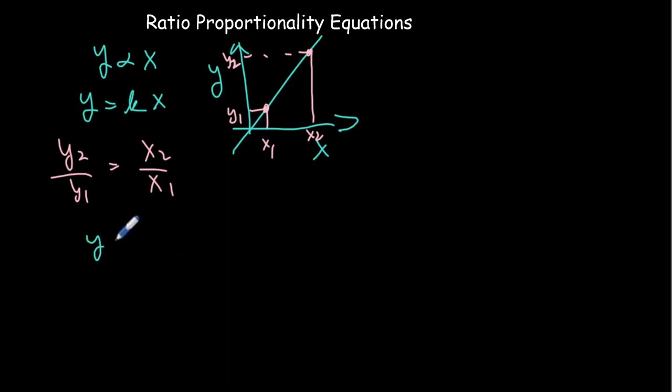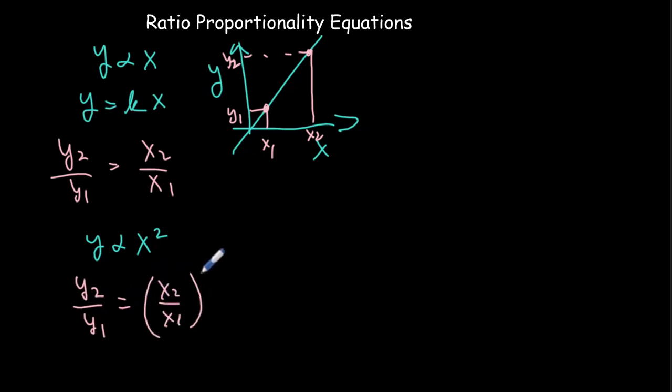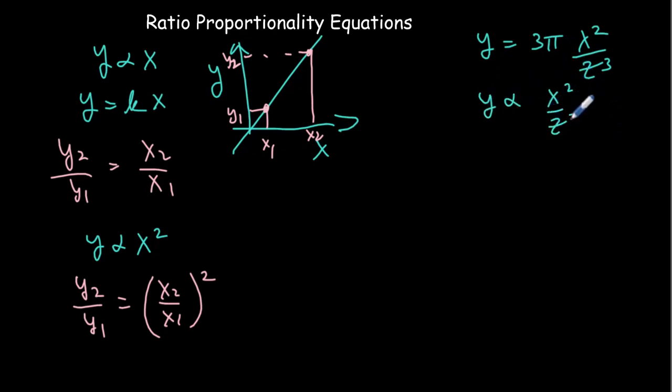And if y were proportional to x squared, we could very easily write a similar type of equation. And that would be that y2 over y1 would be equal to x2 over x1 all squared. That would have to be true. So perhaps we see an equation: y is equal to 3 pi x squared over z cubed. Well, 3 pi is a constant, so we can write that y is proportional to x squared over z cubed.